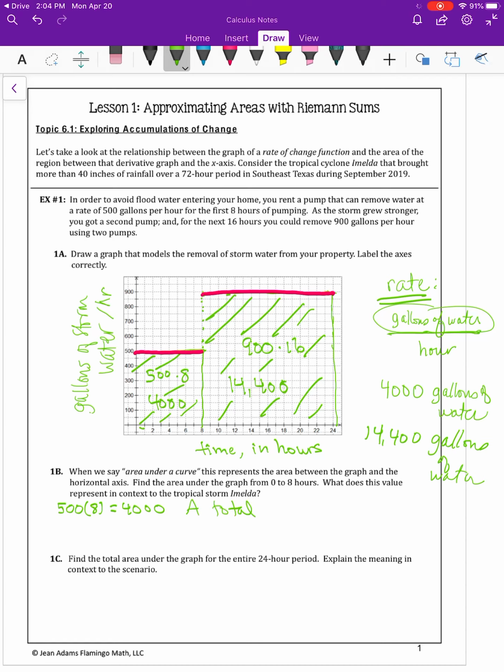Find the area under the graph from 0 to 8. What does this value represent in context to the tropical storm Imelda?